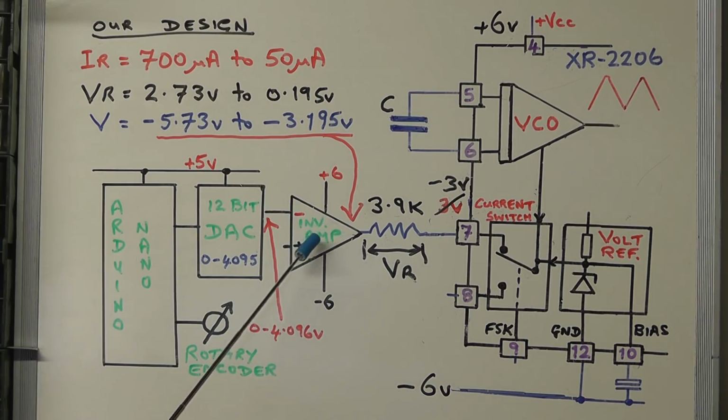So we can then set the gain of the amplifier to get exactly at that point minus 5.73 volts when the output from the 12-bit DAC is at maximum of 4.096 volts. Now for the other end, which is the minus 3.195 volts, we simply need to determine the output from the DAC that will achieve that and set that accordingly in the software.